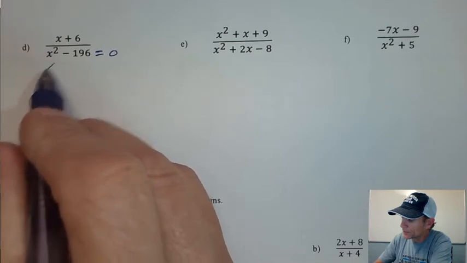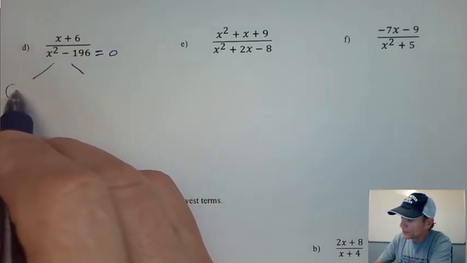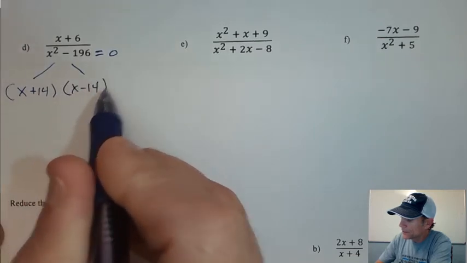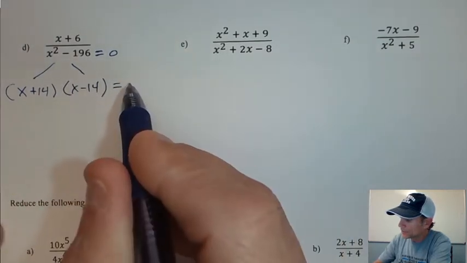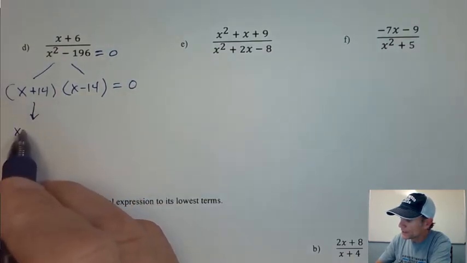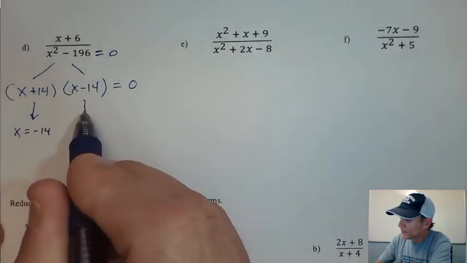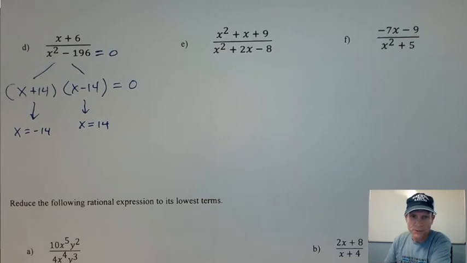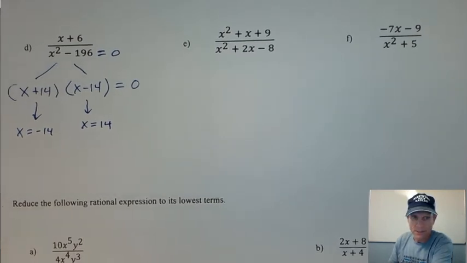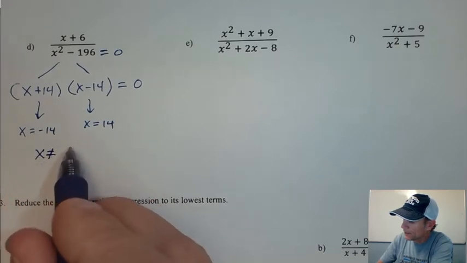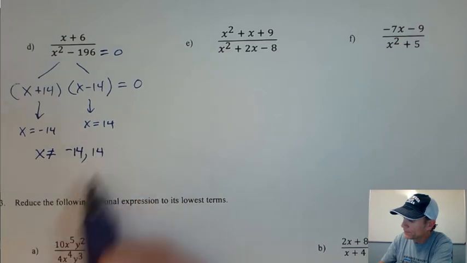I'm going to factor this into x plus 14, x minus 14, recognizing that it's the difference of squares. So this one leads me to x equals negative 14. This one leads me to x equals 14, doing the little shortcut there of the zero product property. And so x cannot equal negative 14, comma 14.